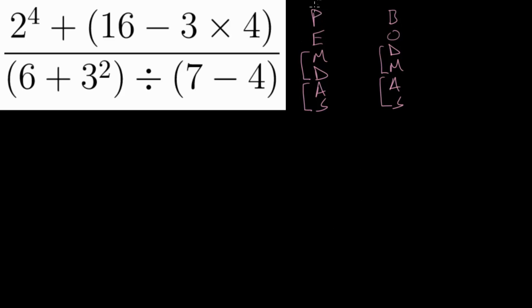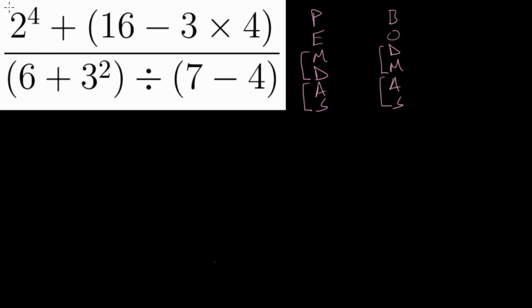But we can use this first method, PEMDAS: parentheses, exponents, multiply, divide, add, and subtract. Looking at this problem, we have a fraction here, and with fractions it's a little bit tricky because the parentheses or brackets are implied.